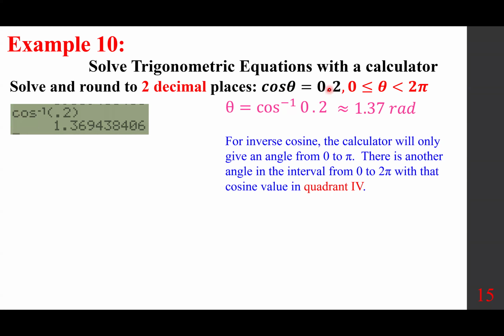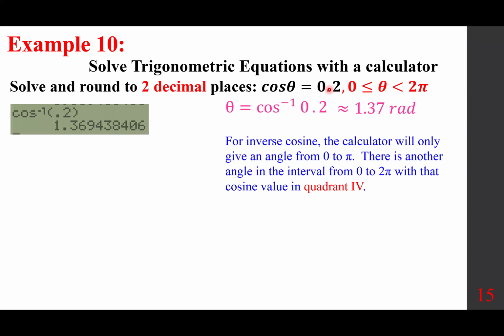Cosine is positive in the first and the fourth quadrant, and we should know that. So if it's positive in those quadrants, we need to figure out what the answer is in that quadrant.